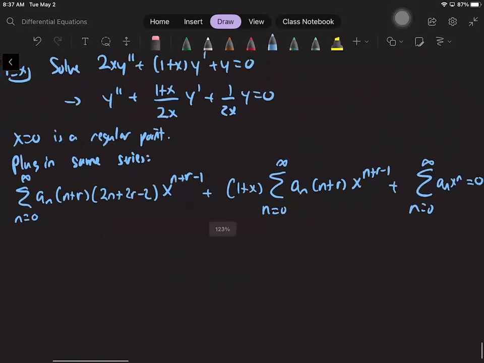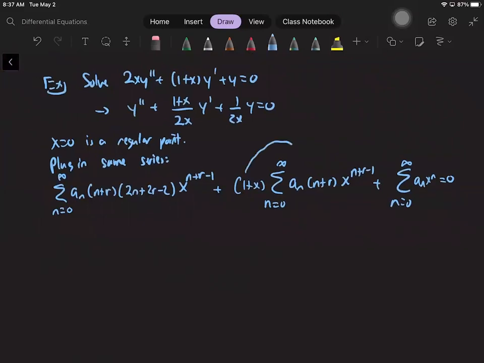Okay. So now when we distribute this giant thing into this little thing, one of them will be the same, and one will have a power of x added onto it. So the one that's the same is going to be able to combine with the first series because they'll both be x to the n plus r minus 1. Oh, sorry, this should be n plus r way over here. And then the other one will combine with the last series. And I'm going to take out the x to the r again.